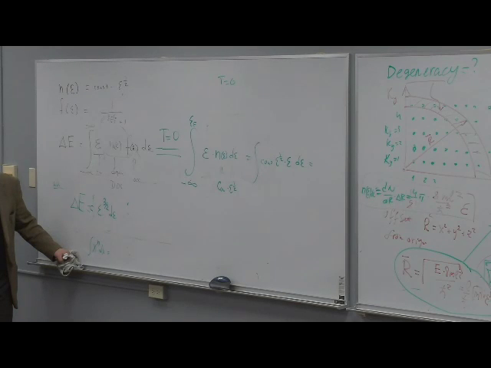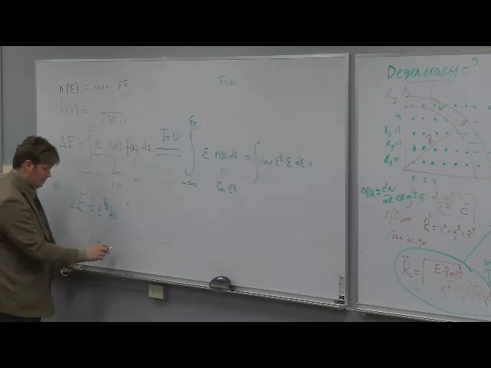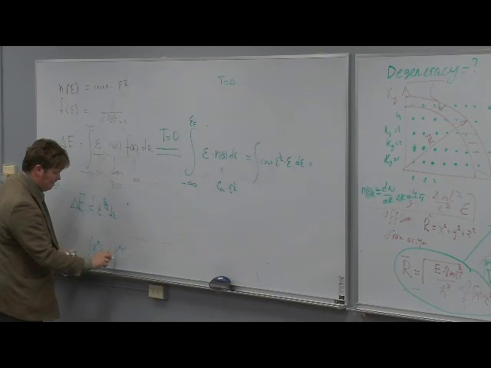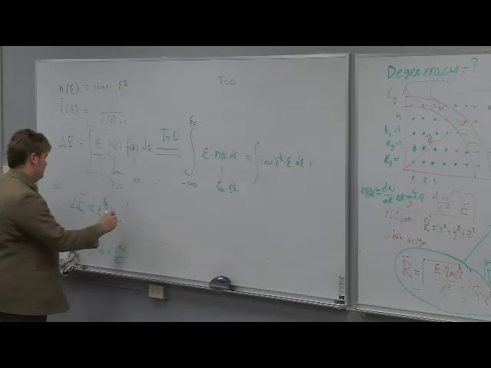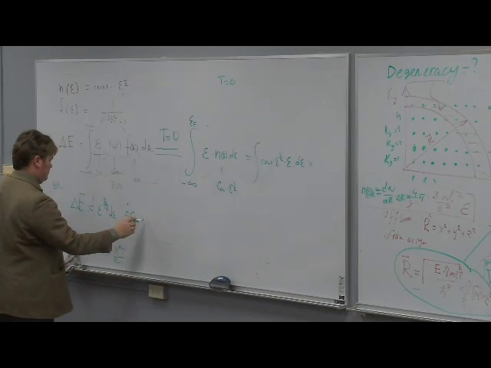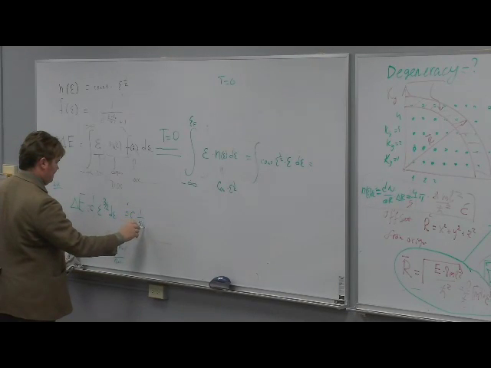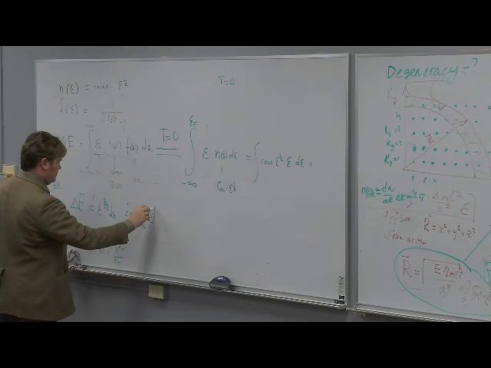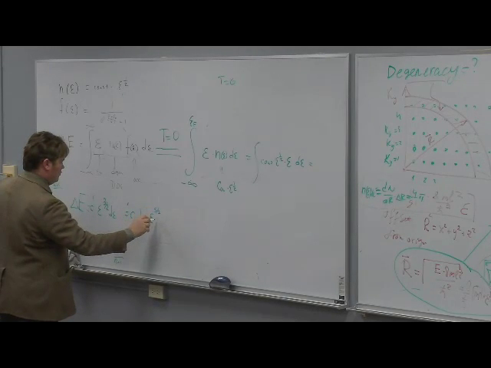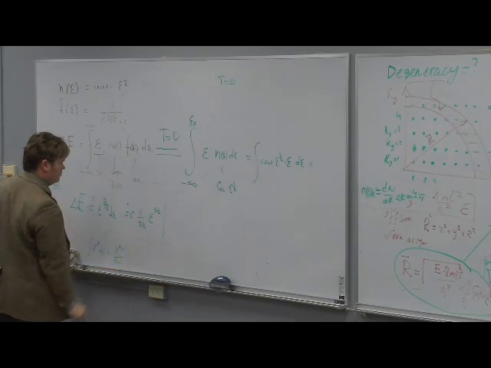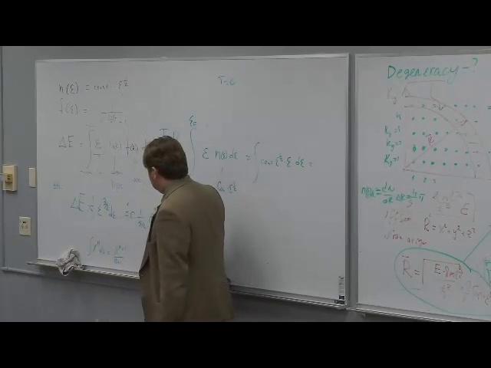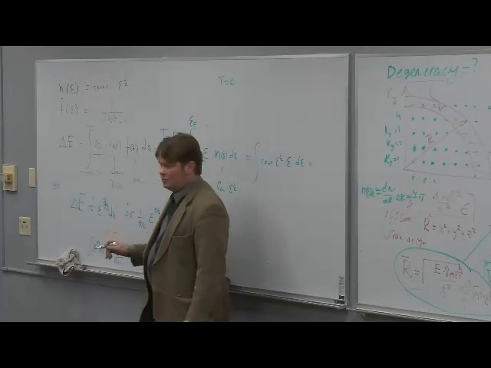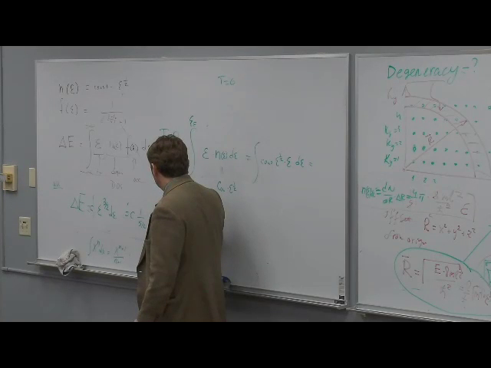The power gets increased by 1, and 1 yields a denominator. Energy to the power 5/2. And we can agree that there are no energies below 0. From 0 to E Fermi.